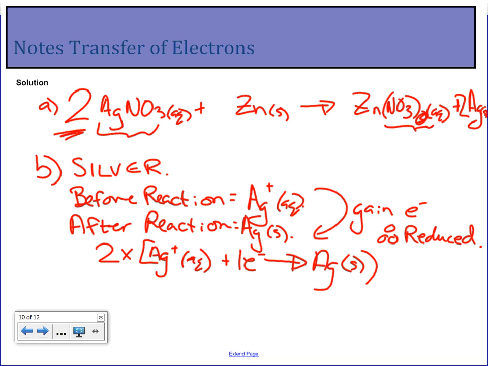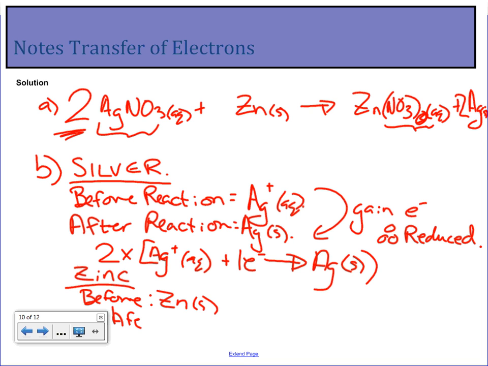Okay, now if I compare that here to the zinc, so before the zinc was zinc solid, okay, after it becomes part of the ionic solution, which means that it is then the cation again, so zinc 2+ aqueous.